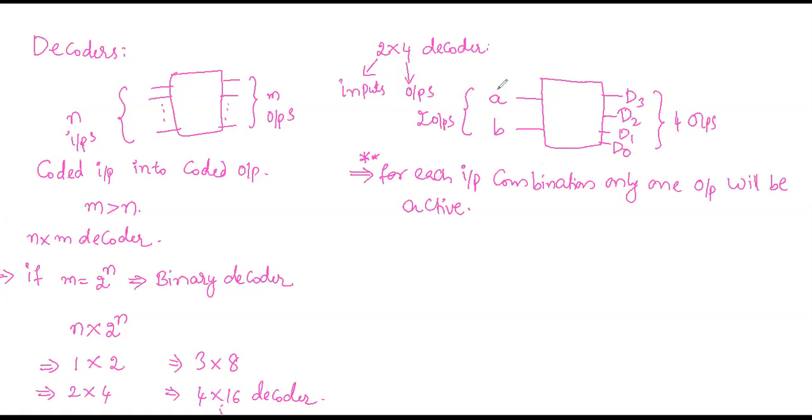Active means we have two types of active: active high and active low. Here in active we have two types. One is active high outputs, the other is active low outputs.